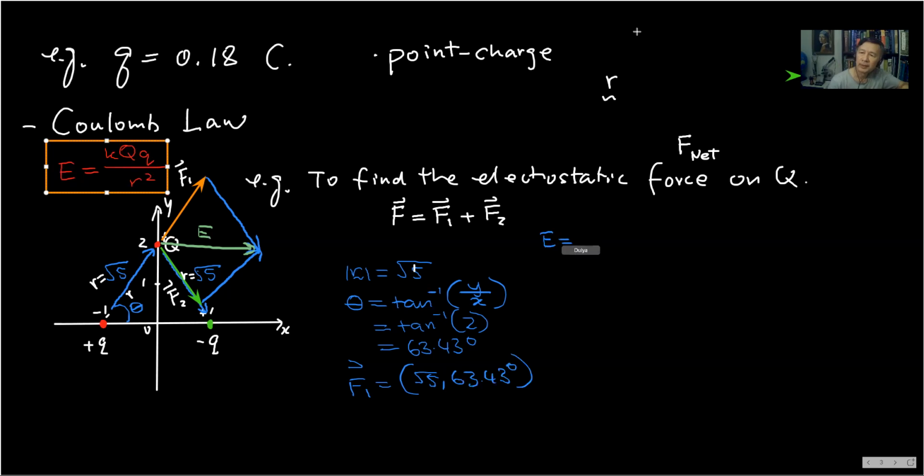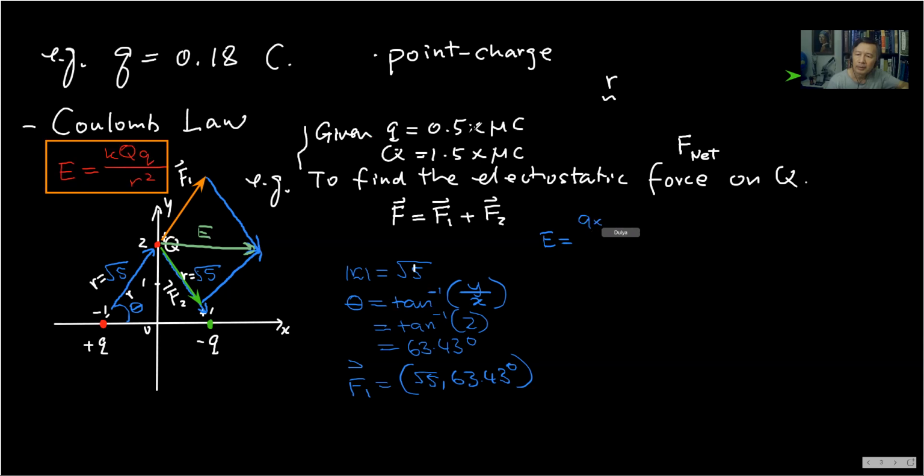For example, we can give this particular number, say Q. Q is equal to 1.5 microcoulombs. Just microcoulombs.